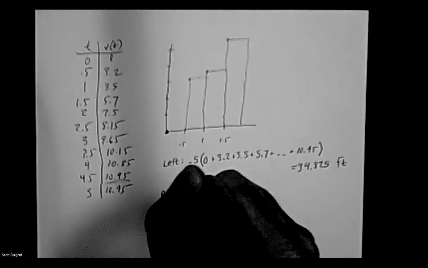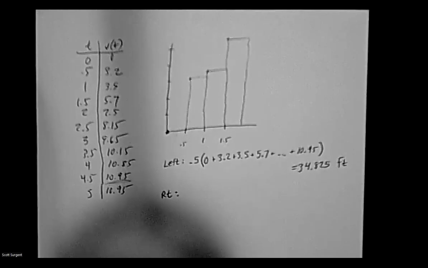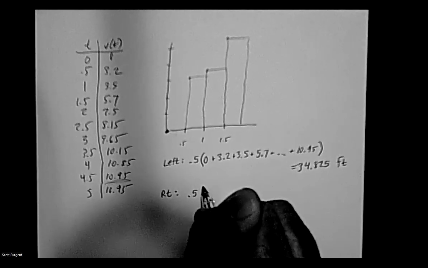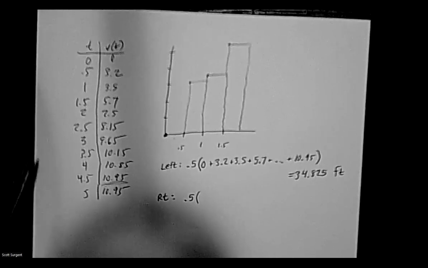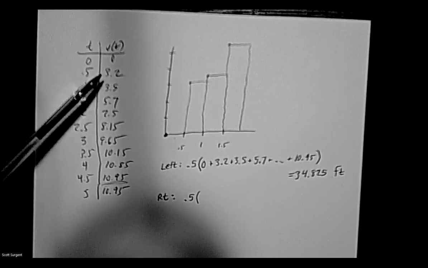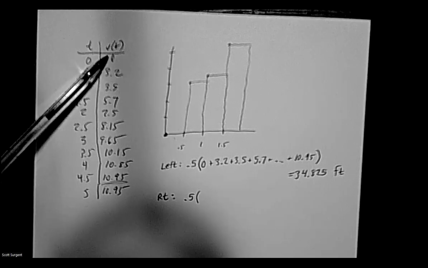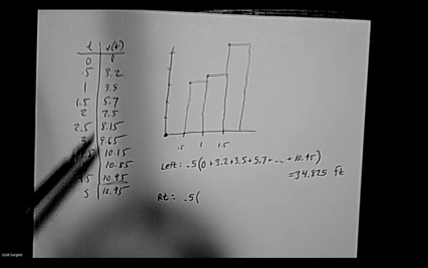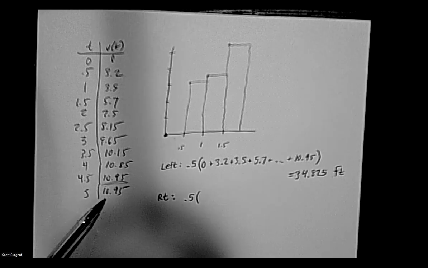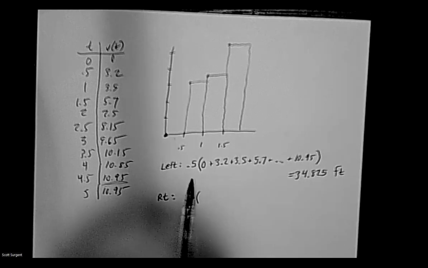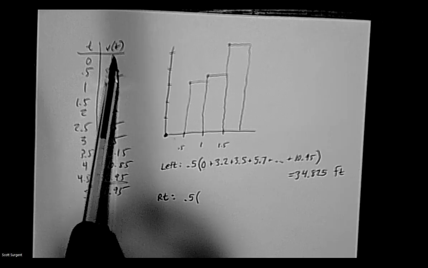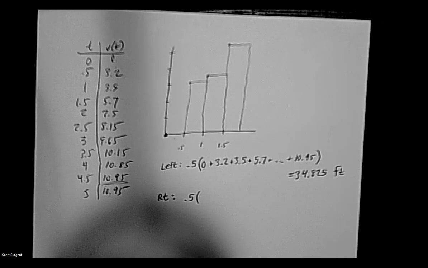For the right ones, actually a lot of the calculations have been done. It's the same base, 0.5. And this will actually be the only one you don't add. So for the right ones, you add up all of these guys. And you can actually just take your calculation from here and just make an adjustment. In this case, I don't need to subtract anything because I had a 0 there.